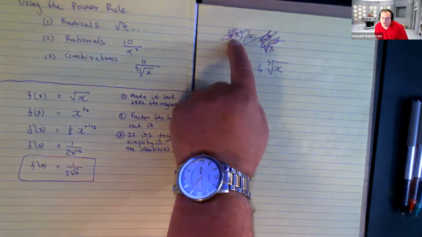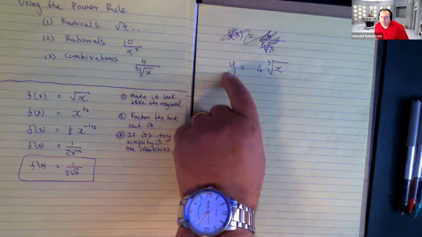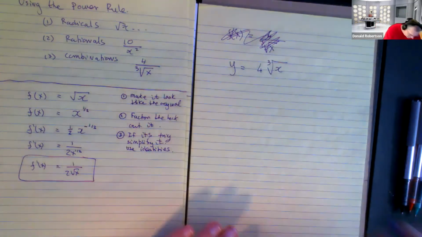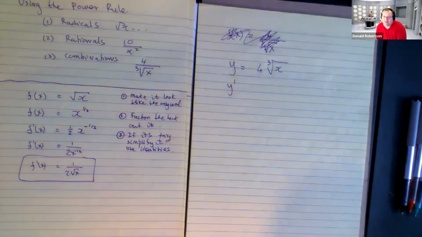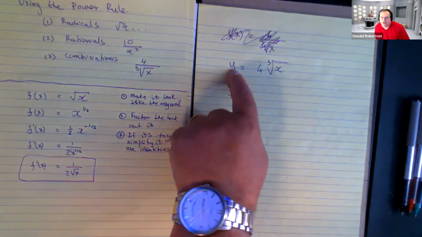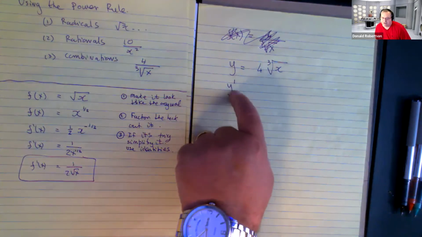Instead of calling the function f of x, I'm now going to call the function y equals. The notation when you do that is y dashed. Isn't that nice? Notation's not that weird, right? F of x, you call the derivative f dashed of x. If the function is y, you call the derivative y dashed.